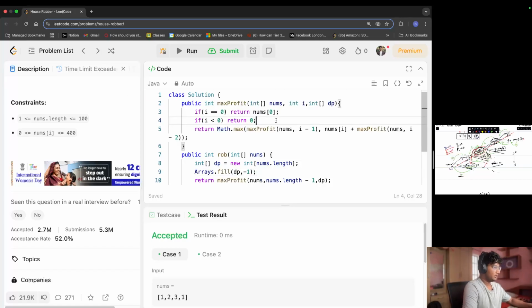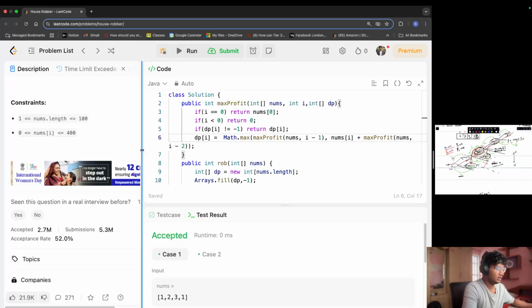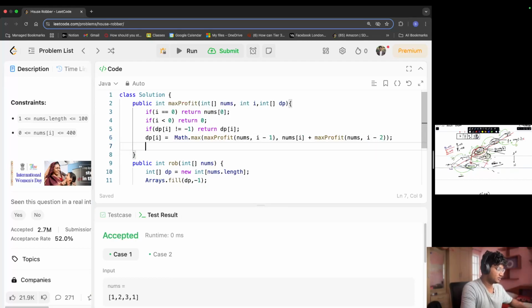Here I'm just going to check if dp of i is not equal to -1. If it's not equal to -1, I know for a fact my answer is stored over there, so I'm going to return dp of i. Here I'm going to store it: dp of i equals max of this thing. After this, I'm just going to return dp of i.